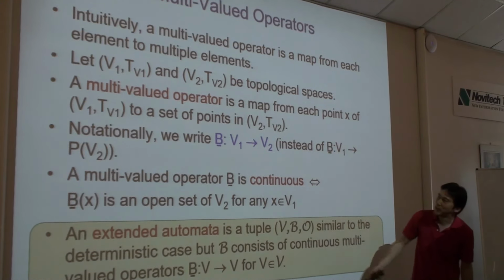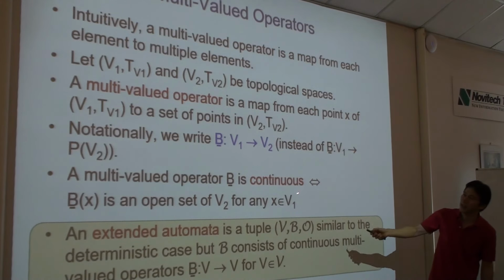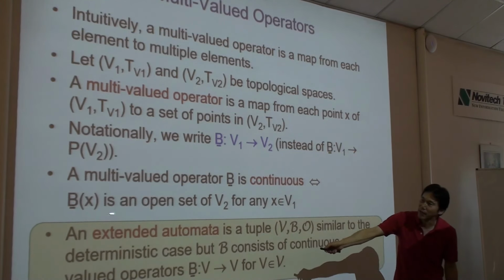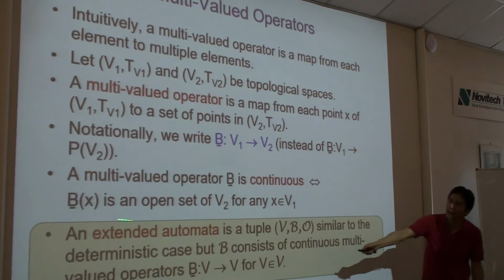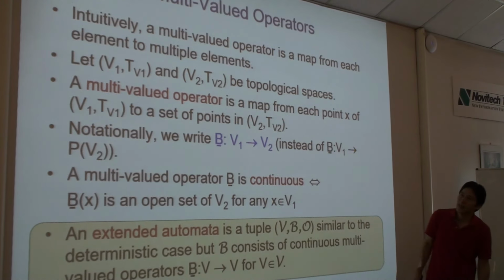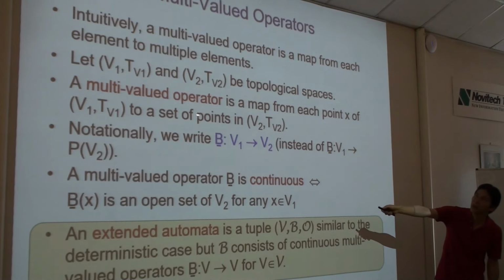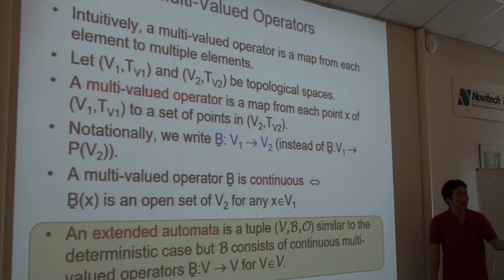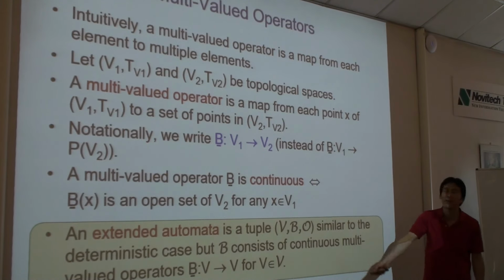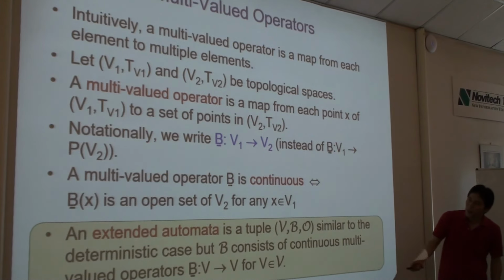So this operator is called continuous if B of x is an open set of B2 for any x. This is a multi-valued operator, so the image of this x is also a set, and this has to be an open set.